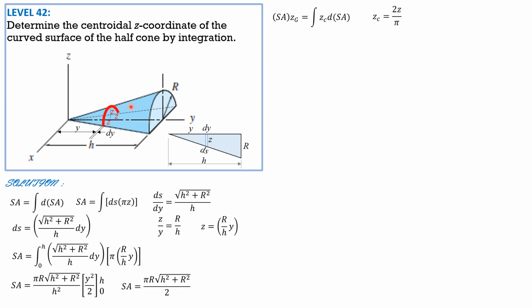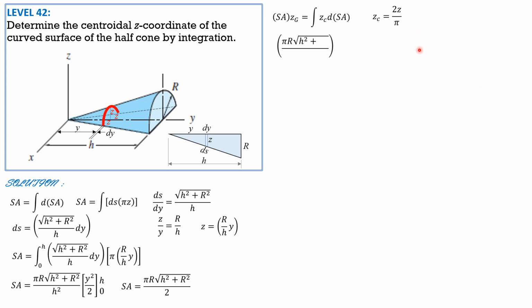So therefore g sub c is 2 times z over pi. Take note of that. Remember the location of centroids, which were derived in the preceding parts on centroids of volumes, areas, and lines and arcs.